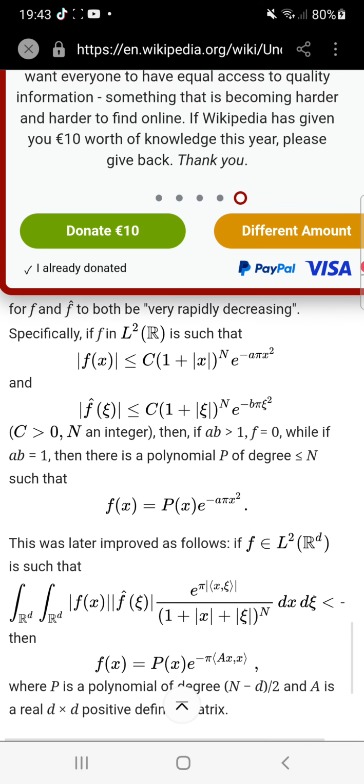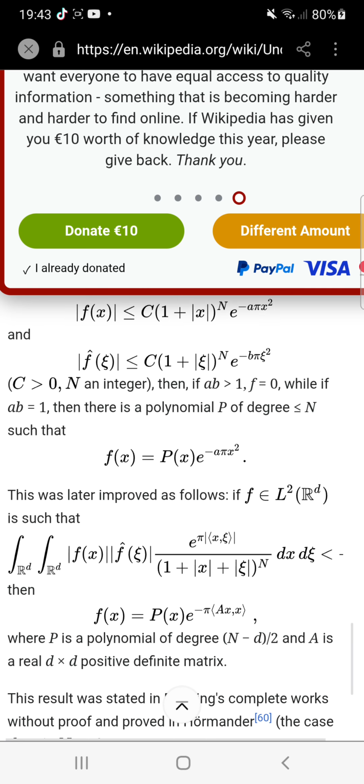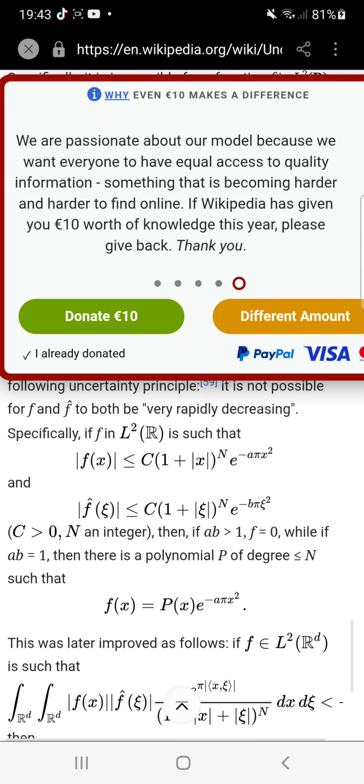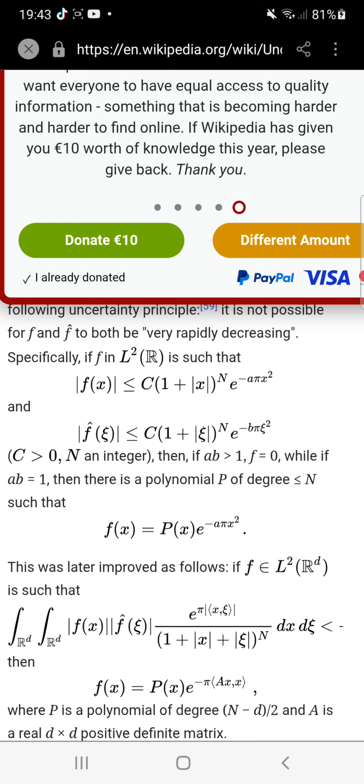Specifically, if f in L squared of R is such that the absolute value of f of x is smaller or equal to C times (1 plus absolute value of x) to the power of N times e to the power of minus alpha pi x squared, and if the absolute value of f hat of xi is smaller or equal to C times (1 plus absolute value of xi) to the power of N times e to the power of minus beta pi xi squared, with alpha and beta greater than 0 and N an integer.